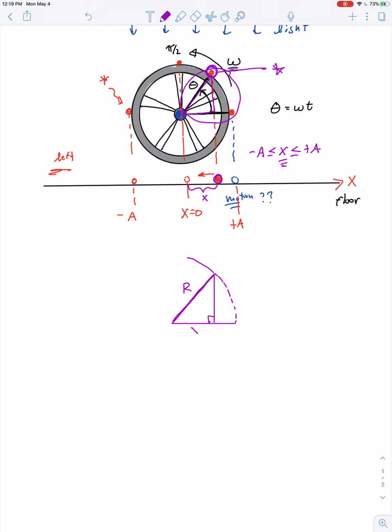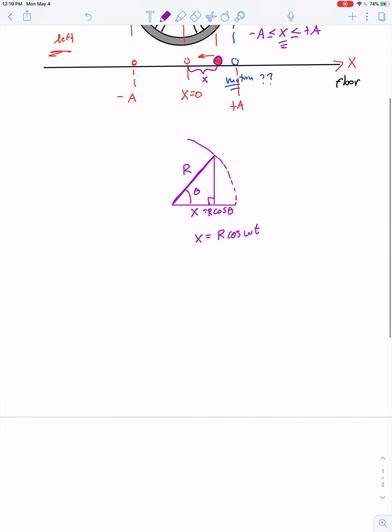So this value is x, and it's subtended an angle of theta. I think x is just equal to the radius of the wheel times cosine theta, but theta is omega t, so x equals r cosine omega t.